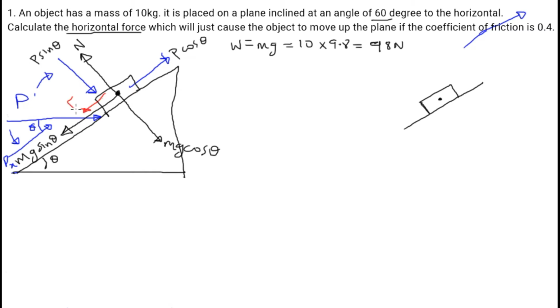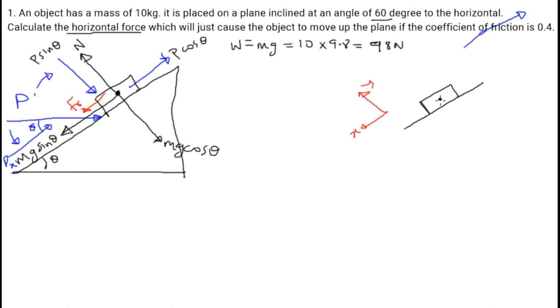Fr in this manner is able to oppose p cos theta. All right, I'll refer to this axis as the x-axis, and then I'll refer to this axis as the y-axis.